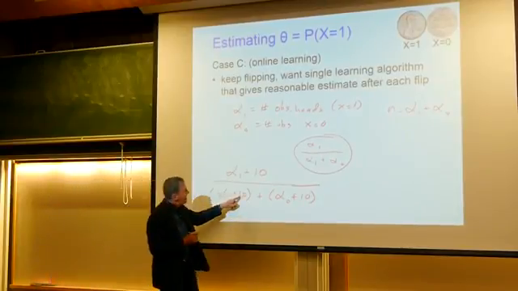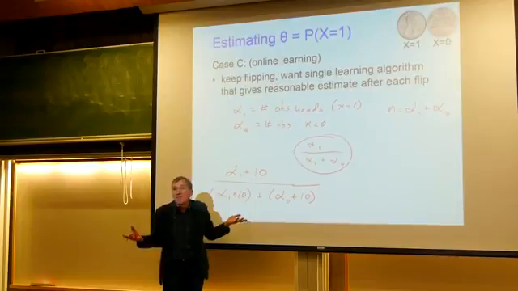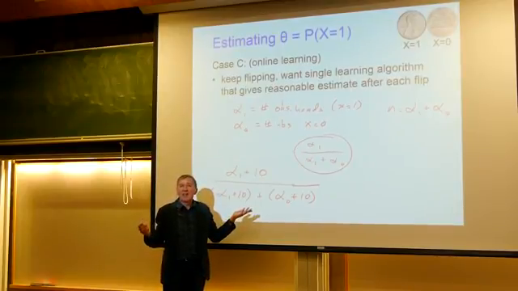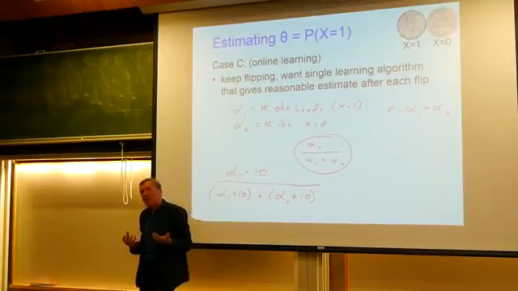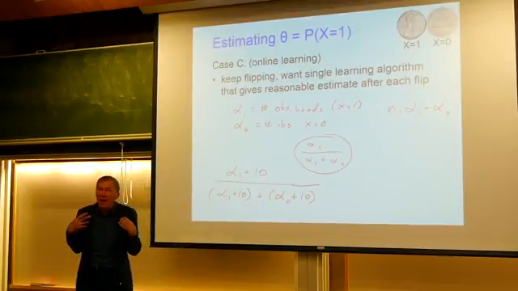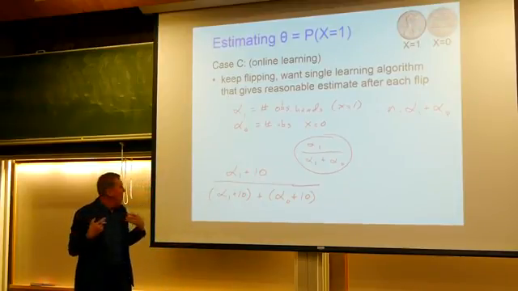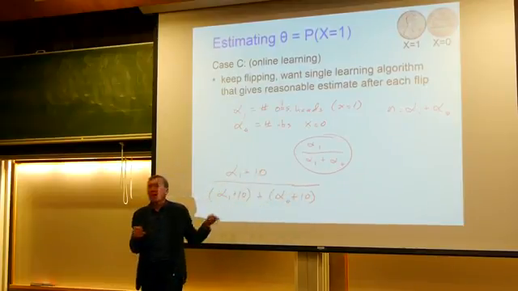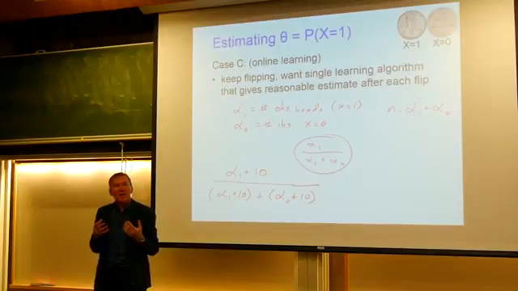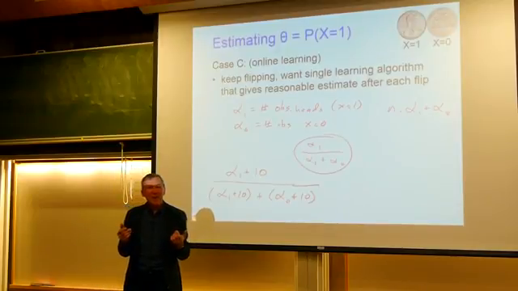Now, why did I say 10 here instead of, say, 100? Well, I could have said 100. In fact, if I did say 100, then it would take even more observed data in the form of alpha 0 and alpha 1 to outweigh my prior assumption. And so the volume of imaginary data that I put in here really captures how sure I am about that prior.